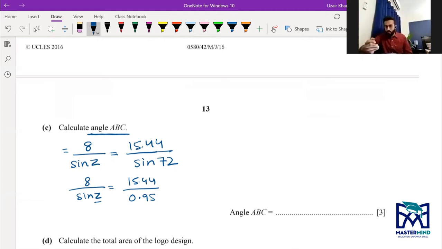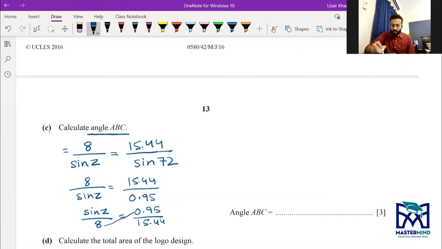What I can do is flip the fractions in order to bring the missing value into the numerator. And yes, I'm allowed to do that because I have fractions on both sides. So sine Z comes on the top, 8 goes on the bottom, and the same goes over here: 0.95 will come on the top in the numerator, and 15.44 will go in the denominator.